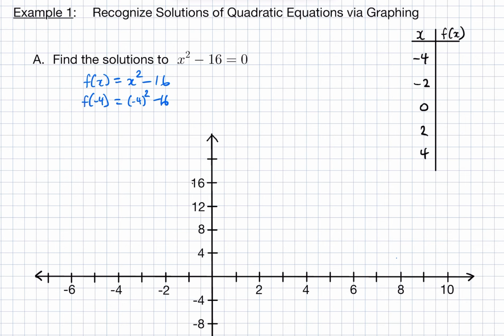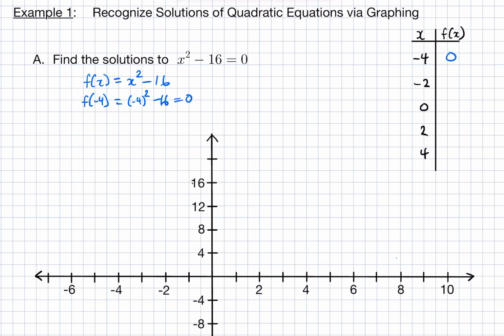So you have to make sure that you include the negative in your parentheses. Otherwise, the calculator is going to give you the wrong answer. All right, so -4 squared is 16, and 16 minus 16 is equal to 0. So we know at -4, my y is going to be 0.